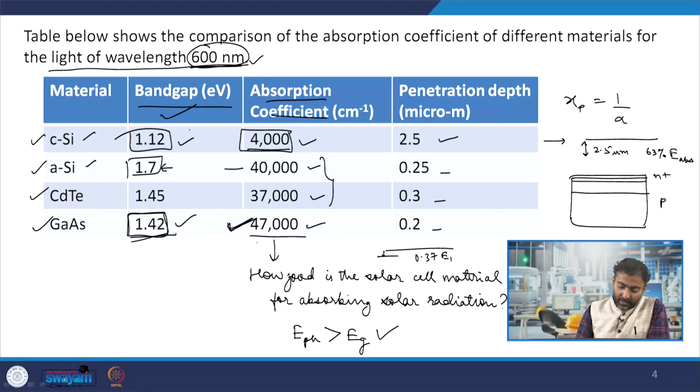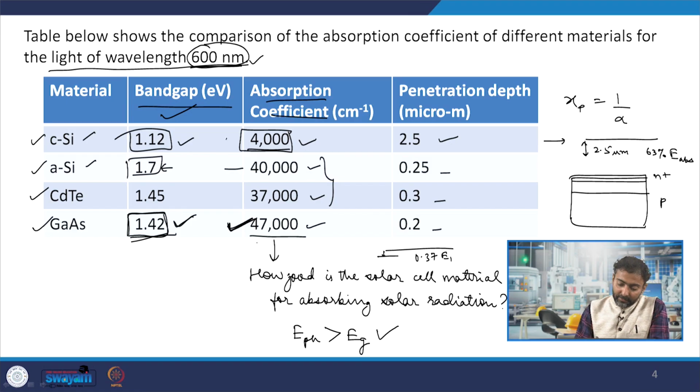If you eat a lot of food but digest very little, your body will not get much nutrition. The same thing is happening here. Gallium arsenide is able to eat a lot of photons, and it is also able to convert most of those photons to useful electron hole pairs.